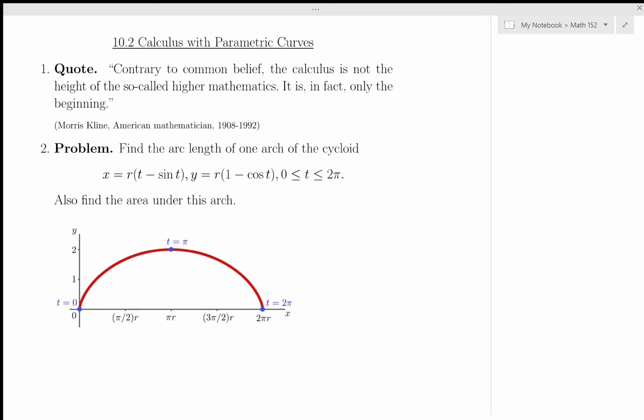I'm going to try to go actually slowly through this section because it provides a nice opportunity to combine a whole lot of things. If you can go through this section and really understand how the arc length, the area, and the surface of revolution are computed when we have our curves parametrically defined and when we use polar coordinates, you should be able to pull together and develop all of the formulas for yourselves.